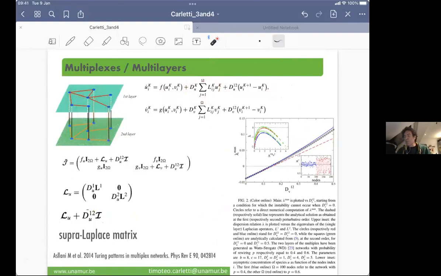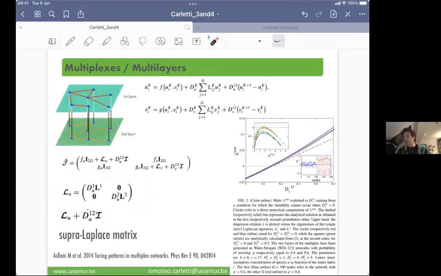And this diffusion across layers, in the case of only 2, is an extra term added in your equation. This means that once you compute the Jacobian matrix, so you linearize and so on again, you end up with a more complex matrix, because now you have a new Laplacian, called a supra-Laplacian matrix, that takes into account the diffusion on one layer, on the other layer, and across the layers.